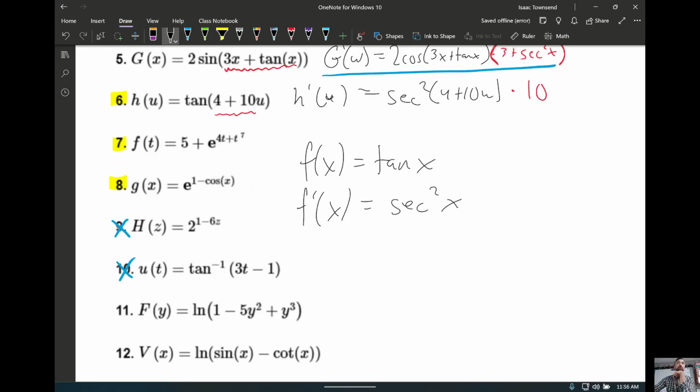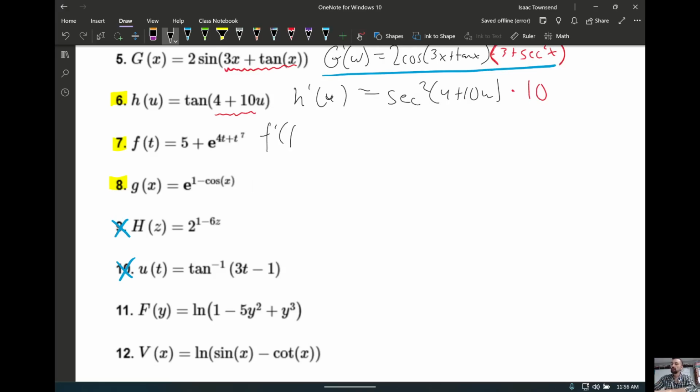The reason it doesn't do it this way is because that's only true for x. So what they would do, if you ever look at one of those formula sheets, is say tangent u becomes secant squared u times u prime. And this is really just referring to chain rule. Make sure that you take the derivative of the inside. All of the formulas are written in u's and u primes so that it doesn't just work for x, it works for all things. And that's taking chain rule into account.